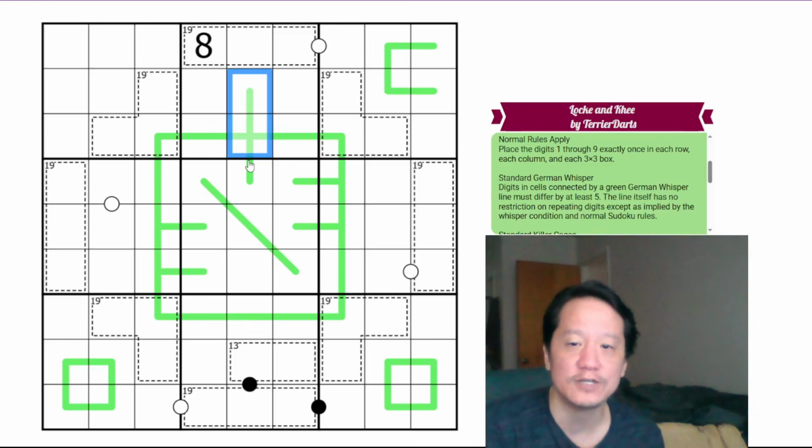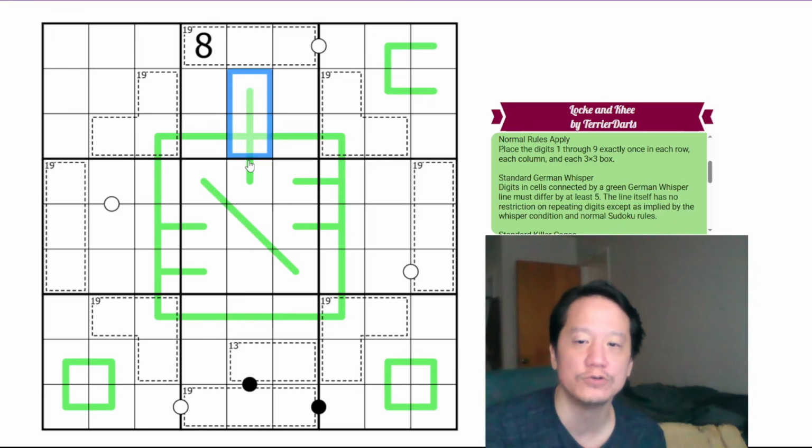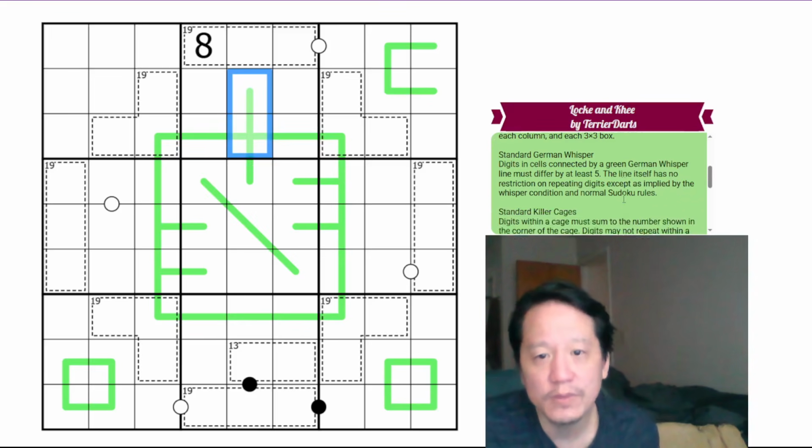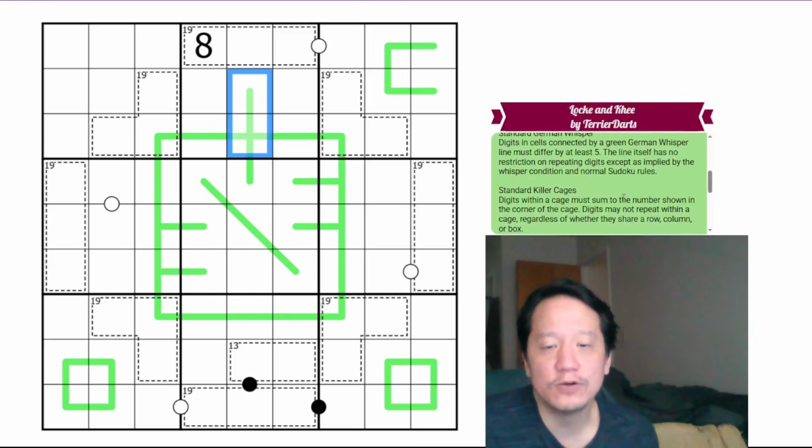The line itself has no restriction on repeating digits except as implied by the whisper condition and normal Sudoku rules. And I will be calling them whisper 5 lines. A setter came up with that designation, and I thought it made a lot of sense because it's very easily extendable. So know that when I'm talking about a whisper 5 line, it's the same thing as a German whisper line.